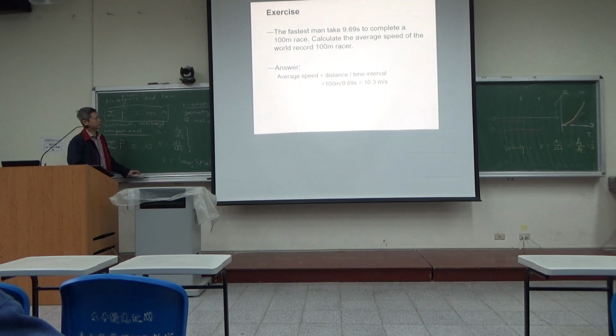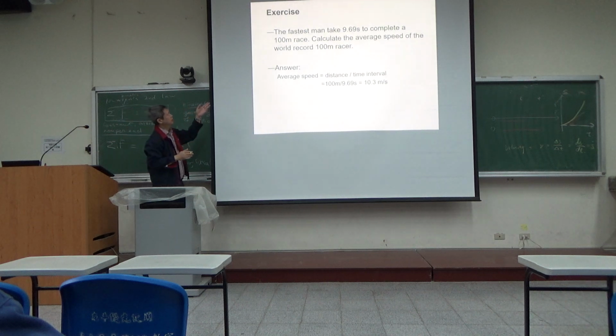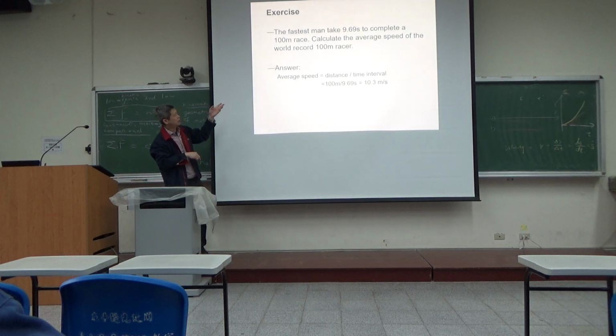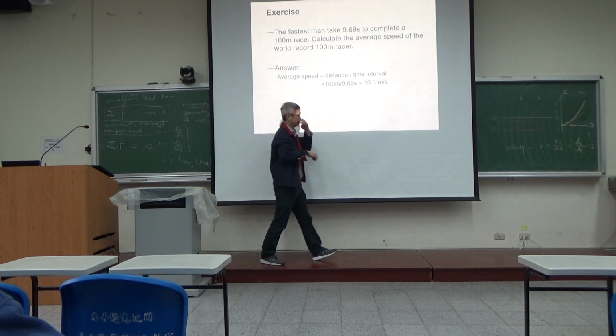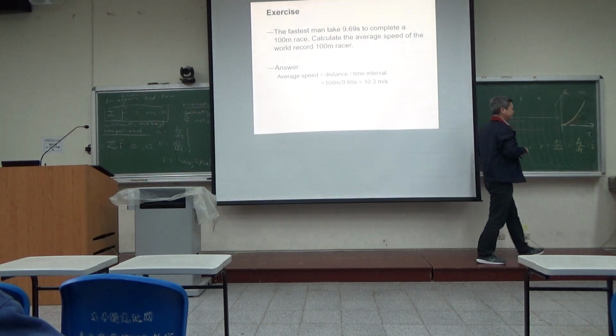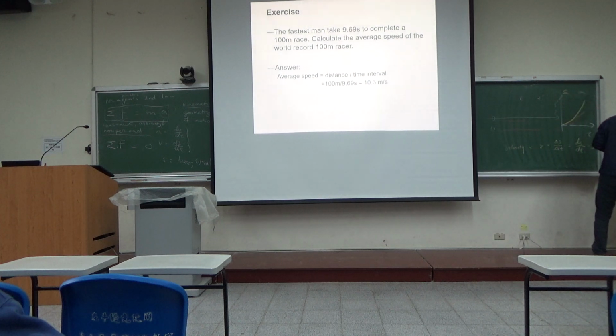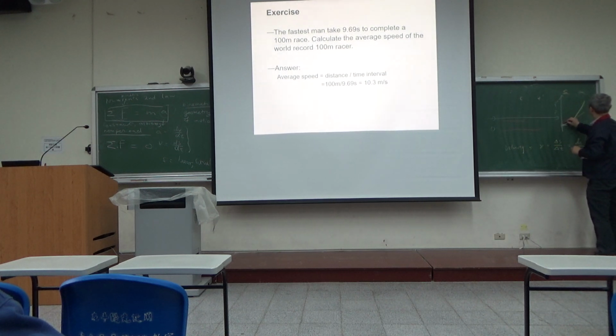Take for example, let's say the fastest man takes 9.69 seconds to complete the 100-meter race. Would you be able to calculate the average speed? When we talk about average speed, you are talking about starting point, ending point. How much time it takes?